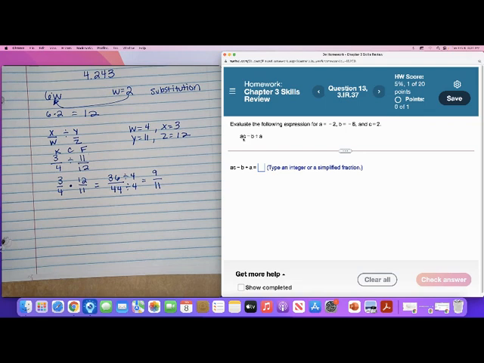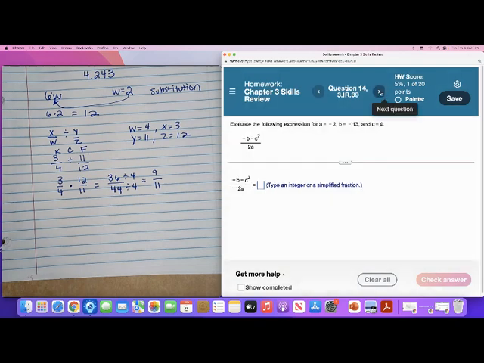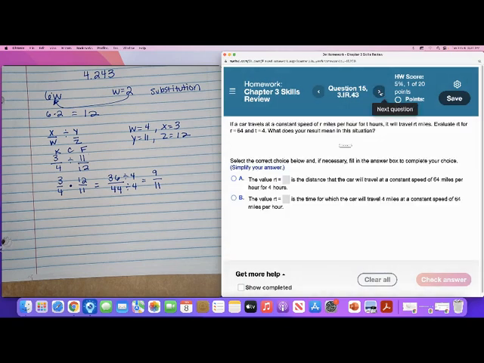Okay, this is similar. If you don't see a multiply sign or any operation, that is automatically multiply. You're following order of operations on that one. Same thing on this. You're substituting in, following order of operations. If a car travels at a constant speed of r miles per hour for t hours, it will travel rt miles. Evaluate rt for r is 64 and t is 4.